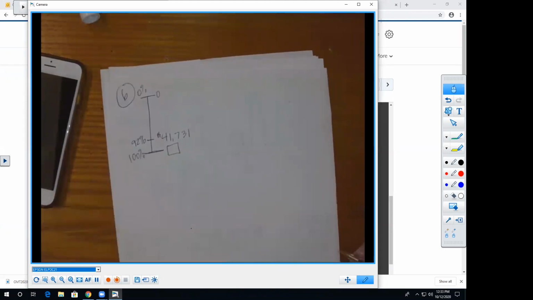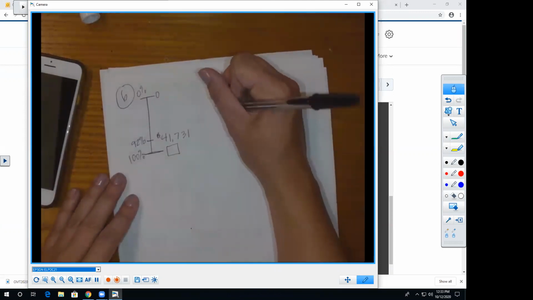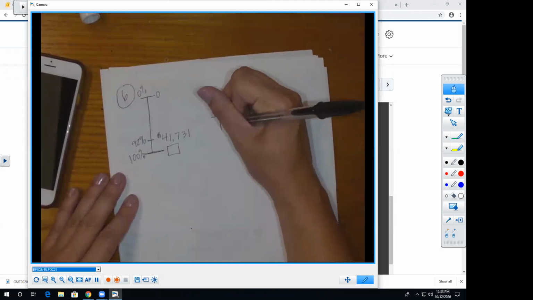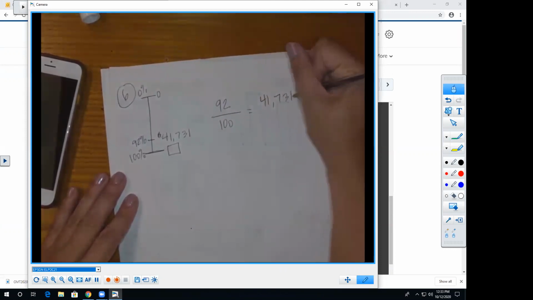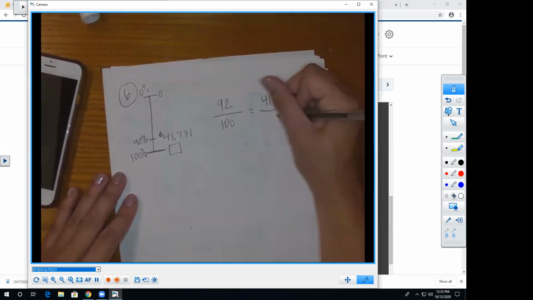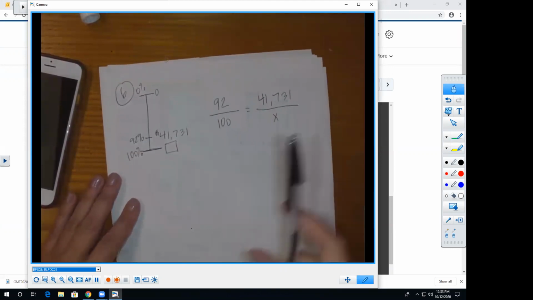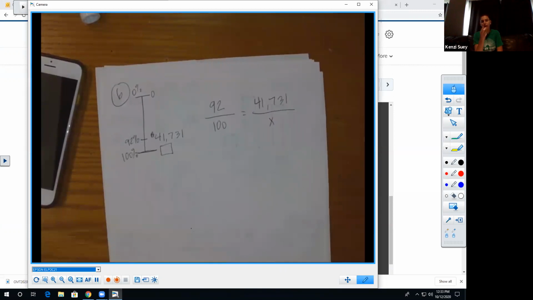So then you could set up a proportion from there. 92 over 100 equals $41,731 over, I'm trying to find that number. We just have to figure out where it is on the line, but we can't use the 8 over 100.